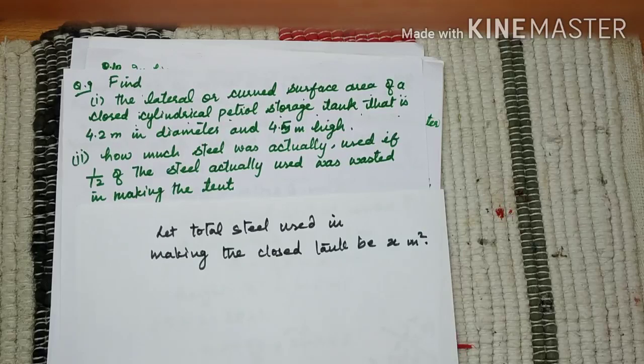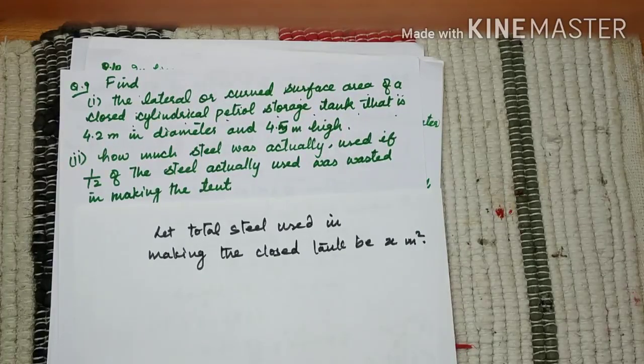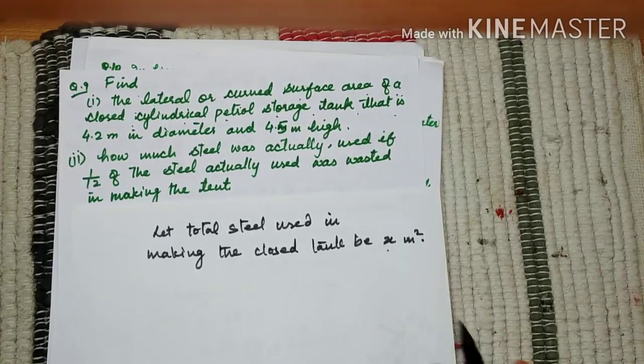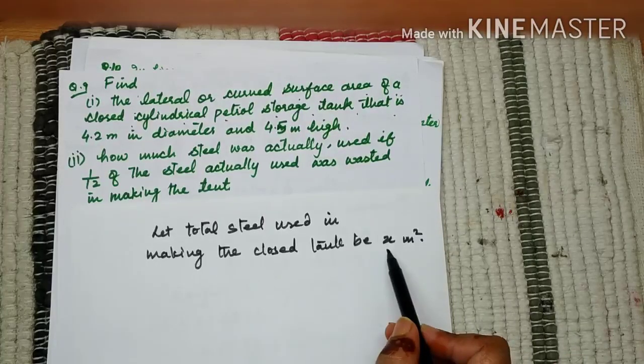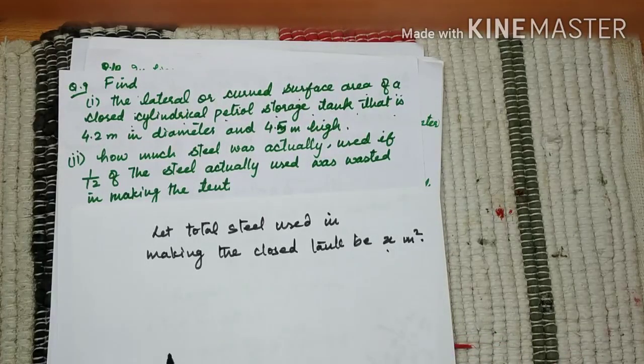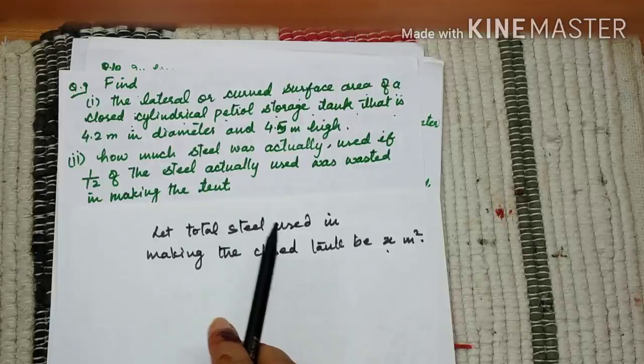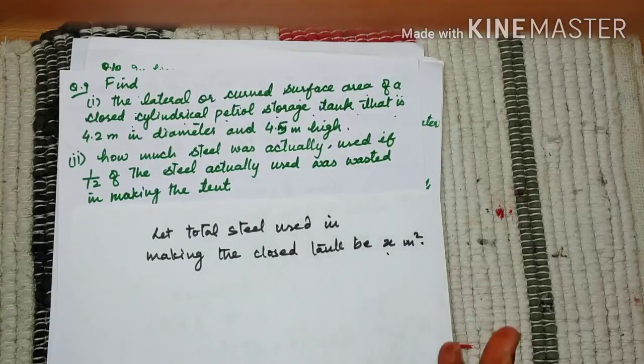Let this be the total steel that we have used in making. Now this steel is used for the total surface area as well as for the margins, for the waste that was used in cutting and making.